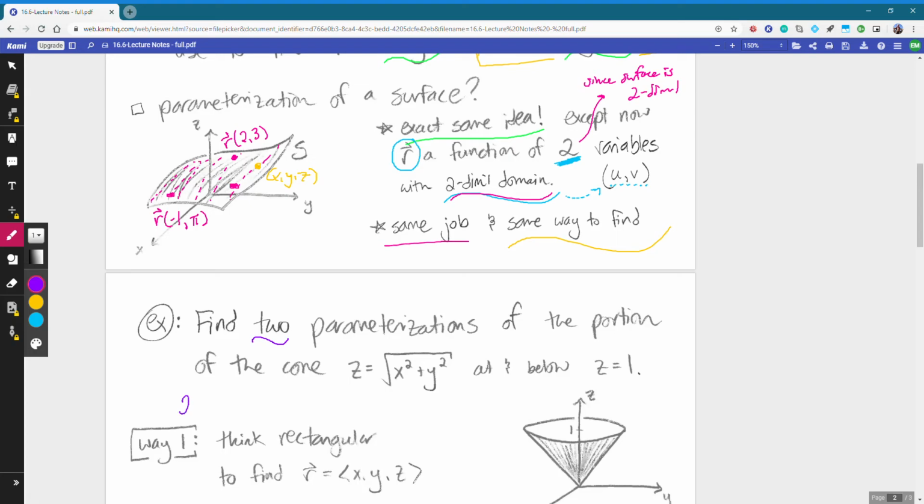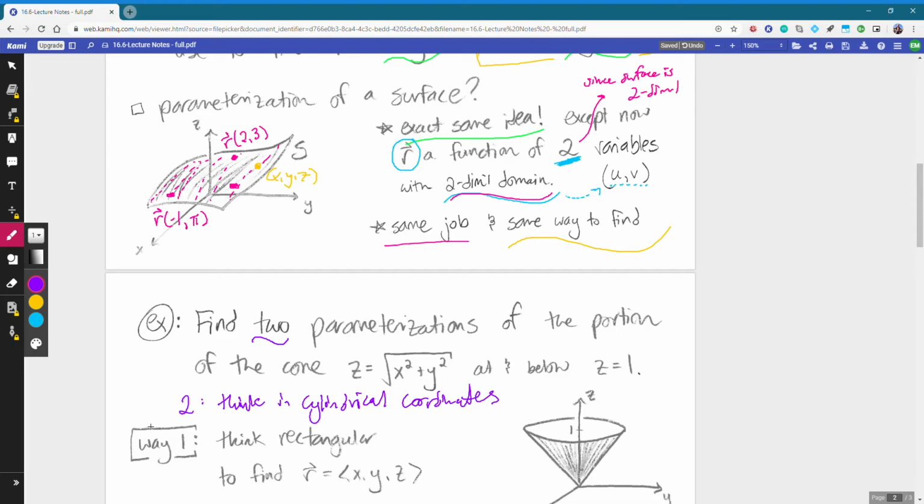Way 2, we could also think about describing this in cylindrical coordinates. We could also technically try and describe this in spherical coordinates and get our parameterization.